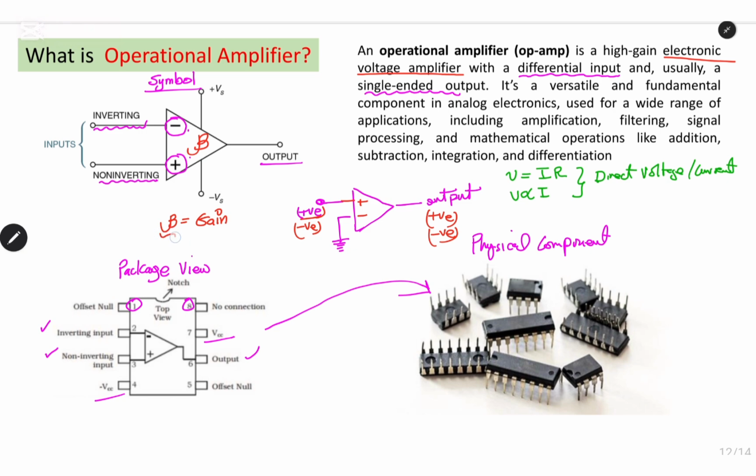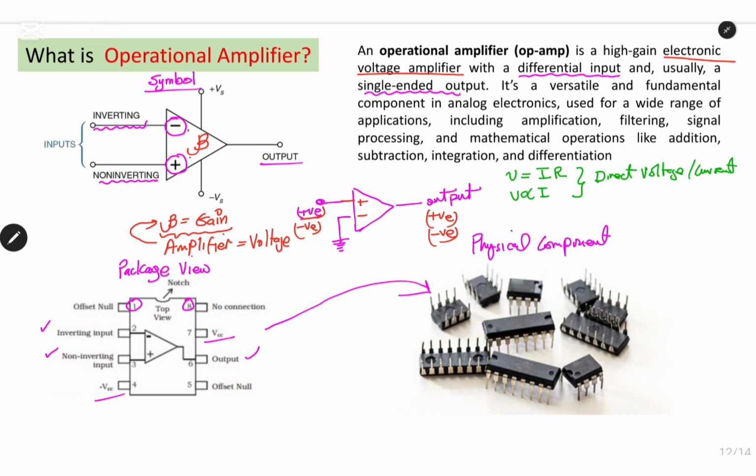And this gain is responsible for the amplification of the voltage, not the phase and not the frequency, but amplification in voltage. In a later video, we will see how you can calculate this gain, and this gain will produce the output with respect to the input, either it is an inverting input or non-inverting input.